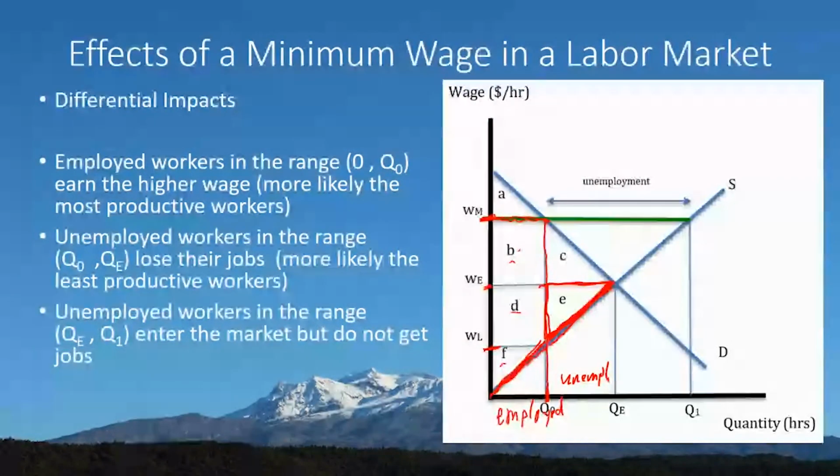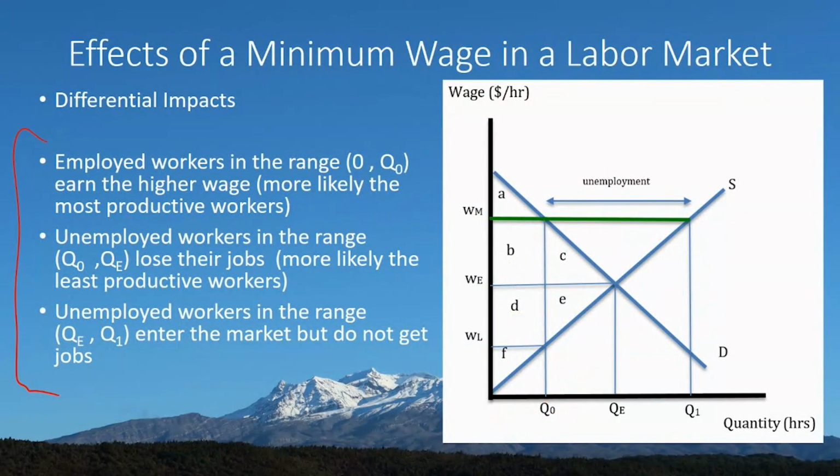Now, let me just highlight here, what this page is showing is the different types of workers we have. Once you put the minimum wage into place, we've got workers between 0 and Q0 number of hours. This is hours of work, but let's just think of this as numbers of workers. So here we have a bunch of workers between 0 and Q0. They're the best off.